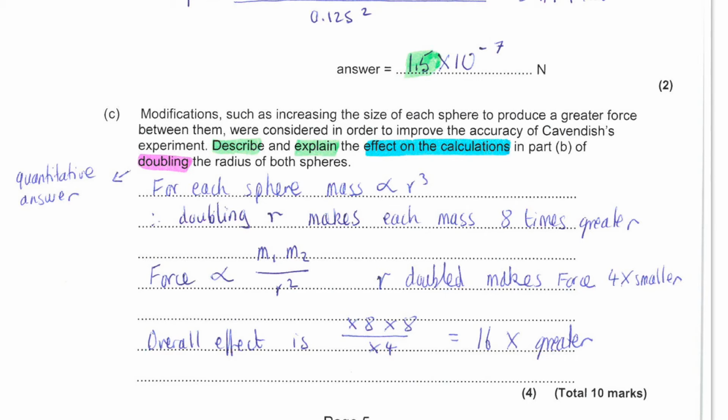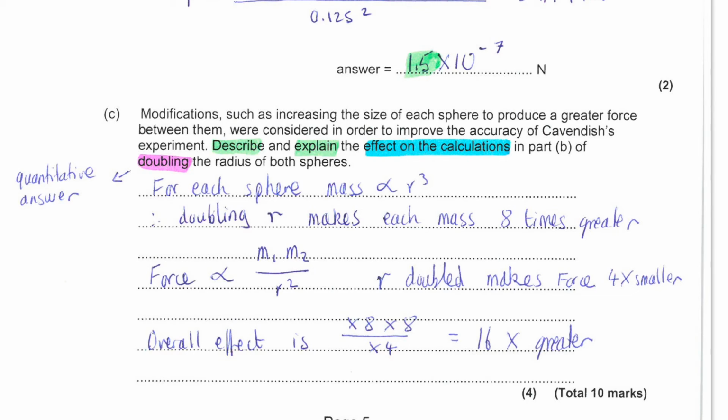So lots to notice in the wording of the question, as I've highlighted. So you need to say what happens, but you need to explain why, and you're focusing on the calculations. So you're really tracing through what you did before and considering the impact of doubling both radii.